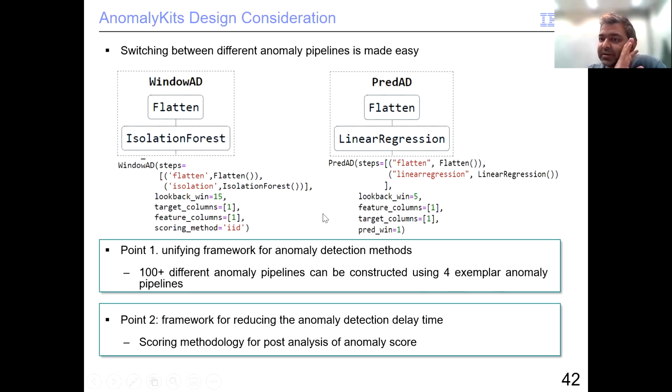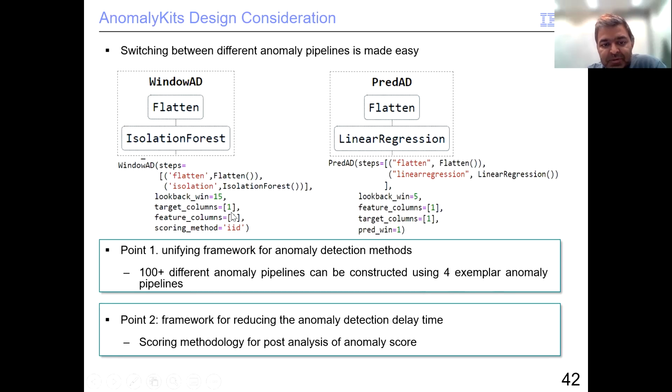And yes, data scientists must be careful while choosing the last layer, which in the case of window AD should be the outlier detection approach. On the right side, in the case of prediction-based anomaly detection, the last layer should be the regressor, and linear regression is the example here.